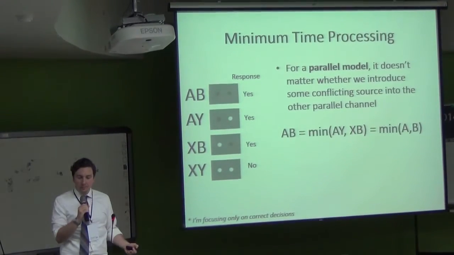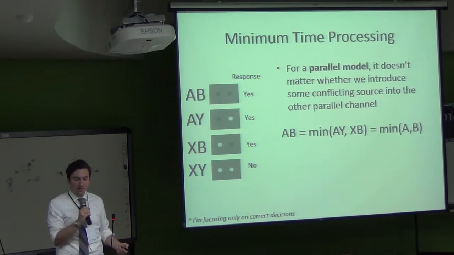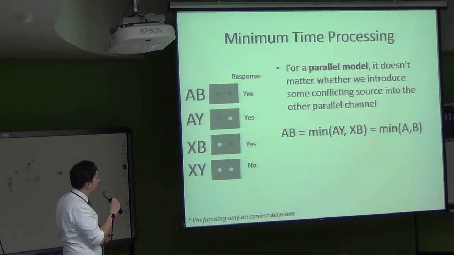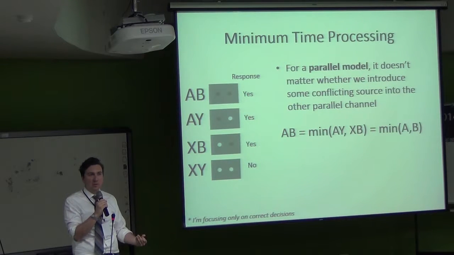Now for a parallel model, it doesn't matter whether we introduce some conflicting source into the other parallel channel. The minimum time that we predict from the 2 single targets previously should be equivalent to the minimum time we predict here. And the reason for that is because I've set up this assumption that the dimensions are in fact processed independently.